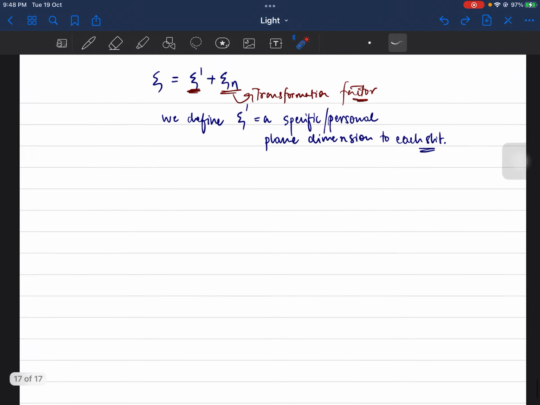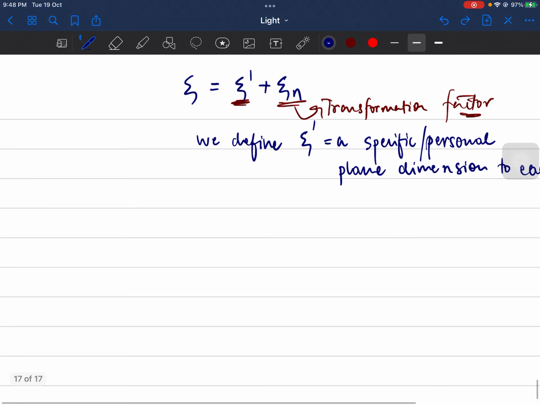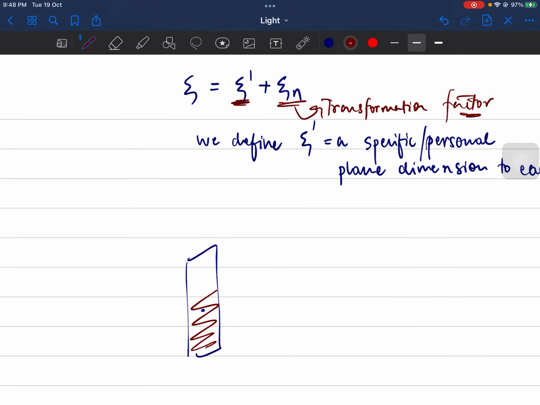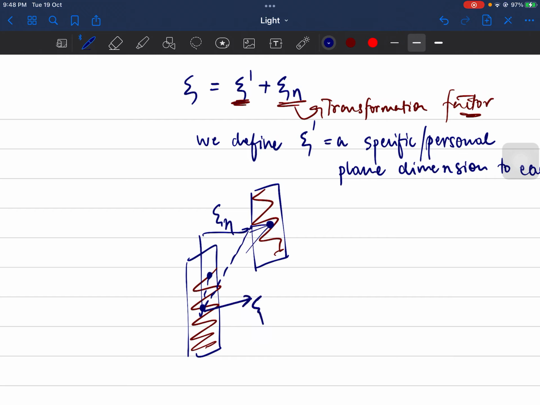So in the same manner, how we treat the points in a single slit, we treat the same way the points in other slits which are located at a distance xi n from the center of the coordinate system xi.